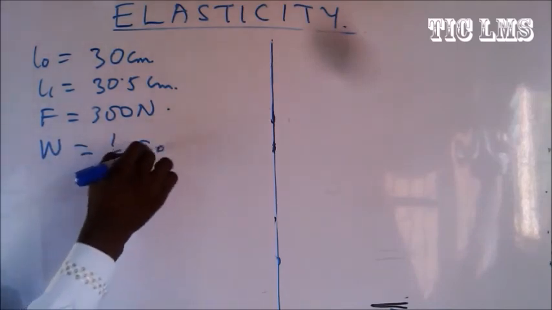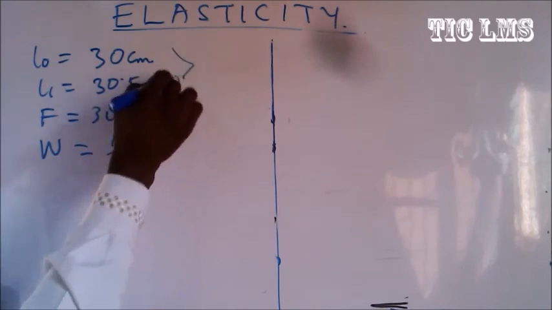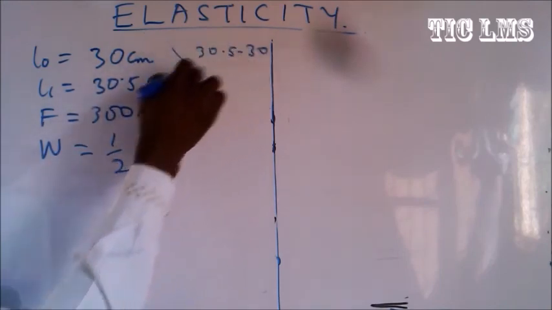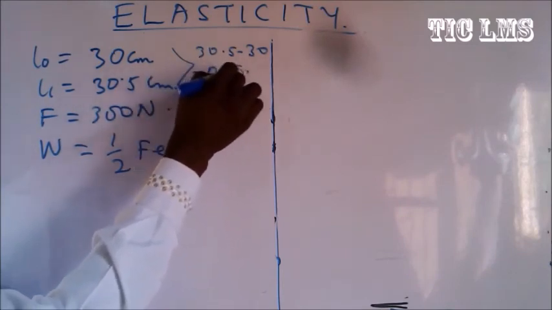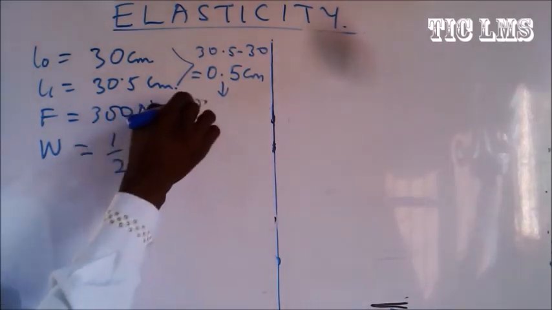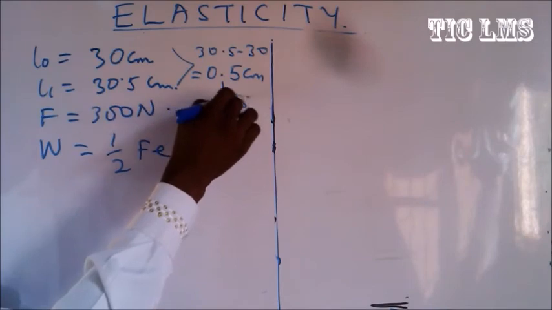half Fe. Now our extension is 30.5 minus 30, and that gives 0.5 centimeter, which is converted into meter by dividing by 100. So we have 0.005 meter.